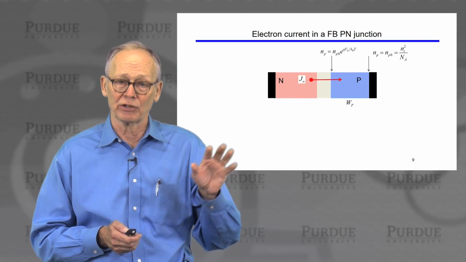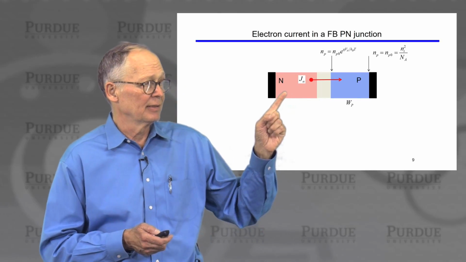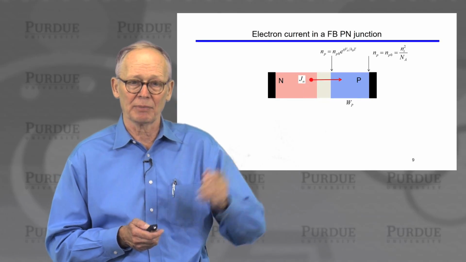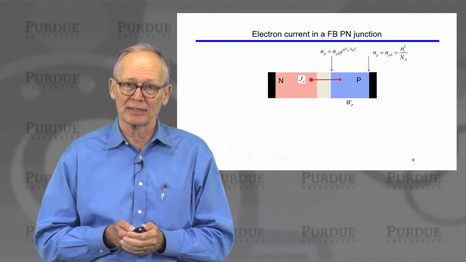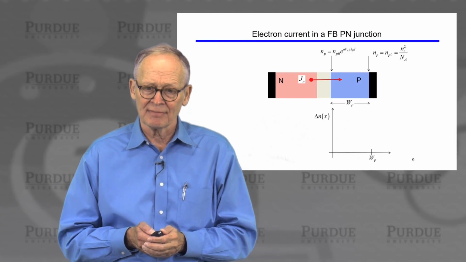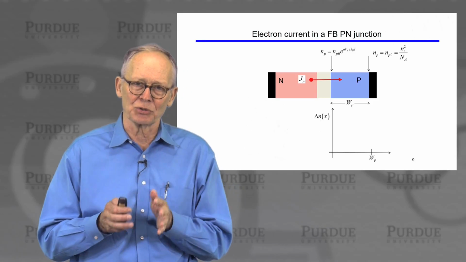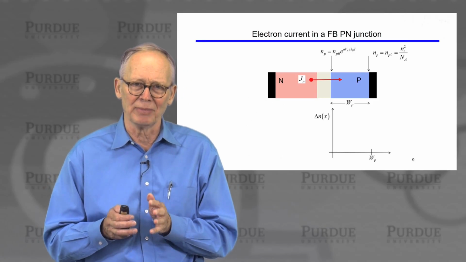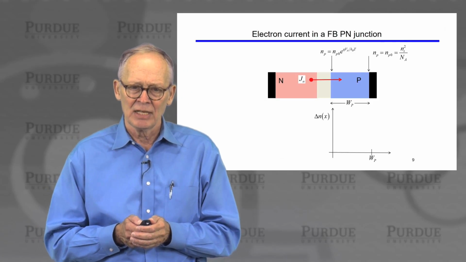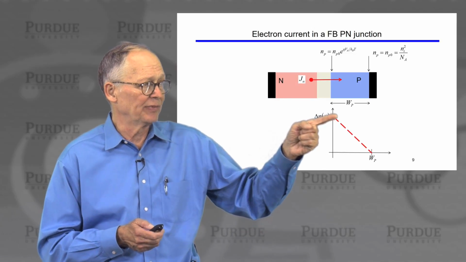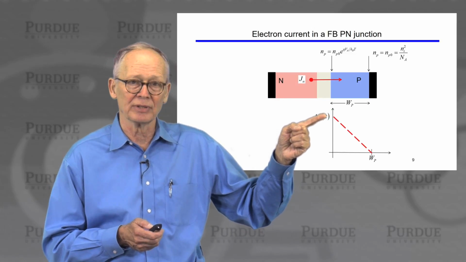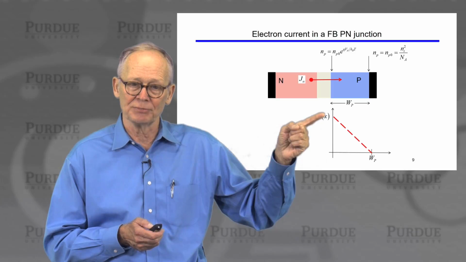Now, if we ask what current flows, we've exponentially increased the probability that electrons will be injected from the n side to the p side. If I look at what happens in the p side, if the p region is short so that the electrons don't recombine in the p region, we've exponentially increased their number at the beginning of the p region.